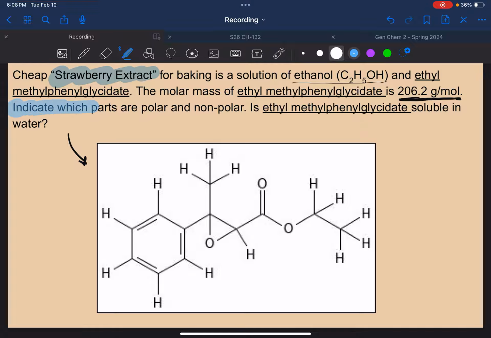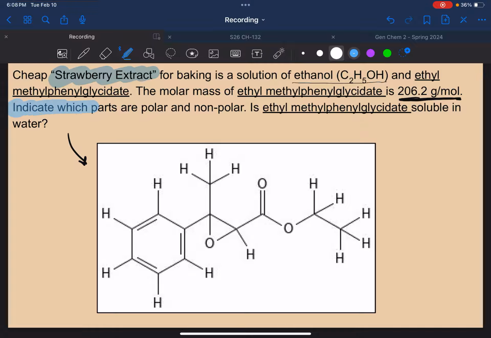So I would conclude that there is some, and I'm going to do it in blue, polar characteristics in this region and here. And then I look over and I see, what is the rest of the molecule? The rest of the molecule is carbons and hydrogens. It is carbons and hydrogens all over. And I know that the carbon-hydrogen bond is not very polar.